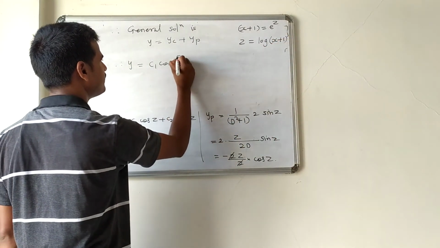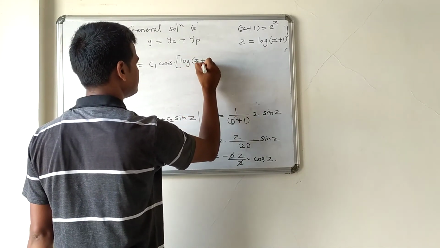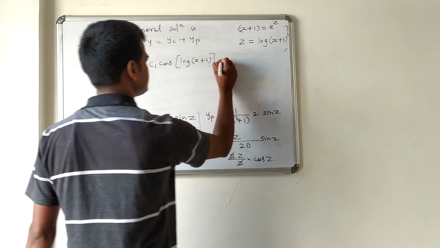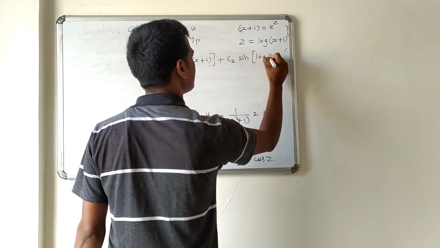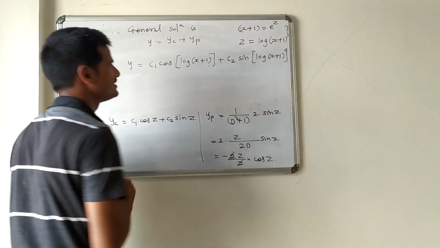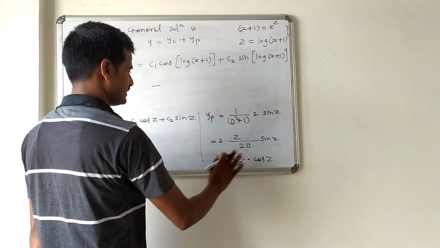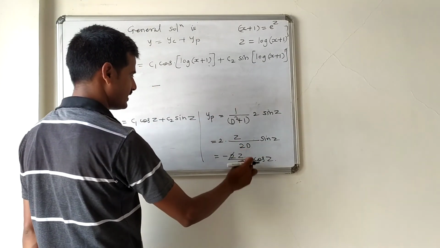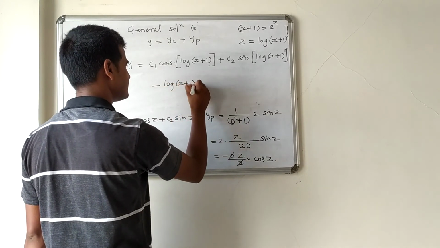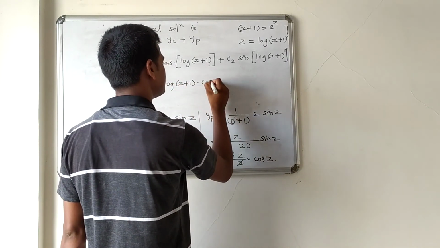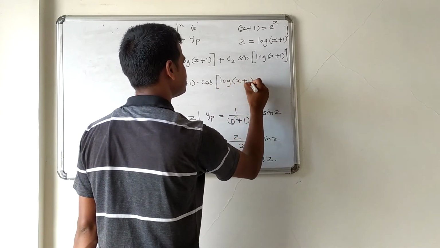So c1 cos of log of (x plus 1) plus c2 sin of log of (x plus 1). This is the complementary function in terms of x, minus plus particular integral. So minus z, what is z? z is log of (x plus 1) into cos z, so cos of log of (x plus 1).